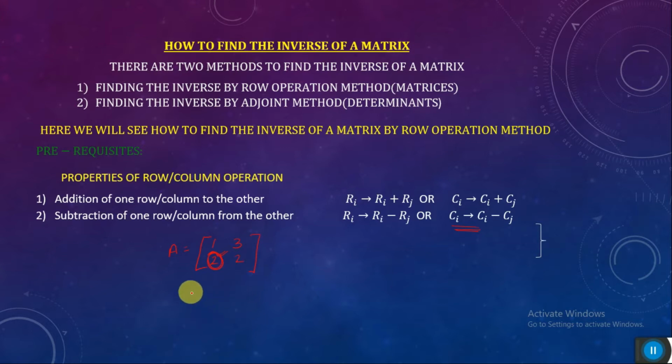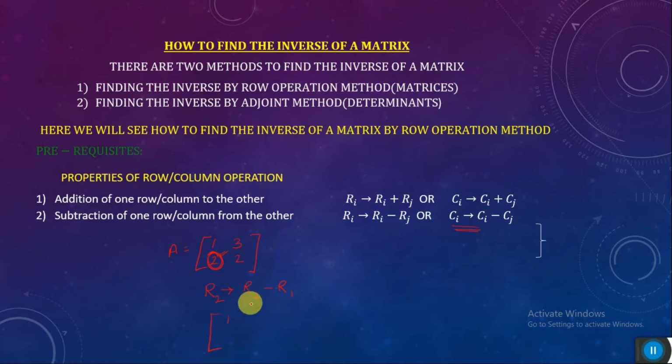If I want to make 1 here, what will you do? We will see later that we cannot decide what we want to bring here. Just for now I'm saying that if I want to make 1, row 2 I will put under operation because this element is in row 2. So row 2 minus row 1. It's simple. You can see that this will become 1.